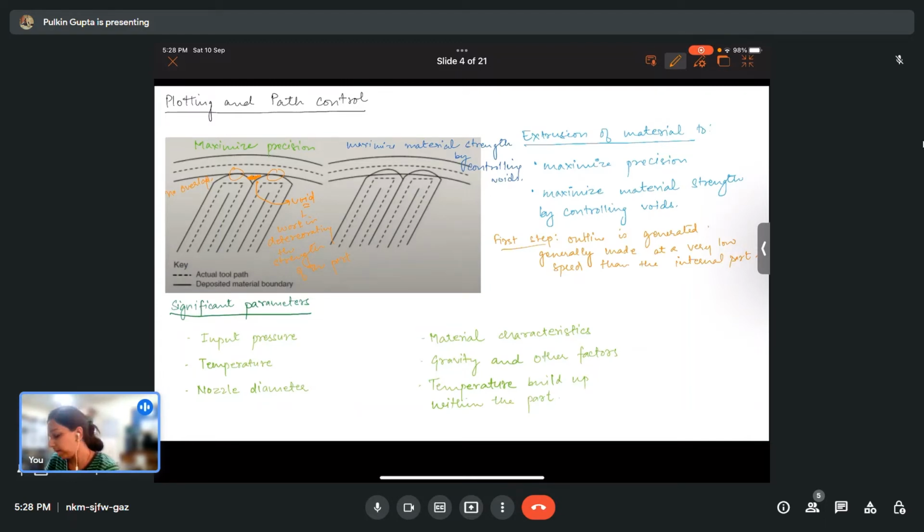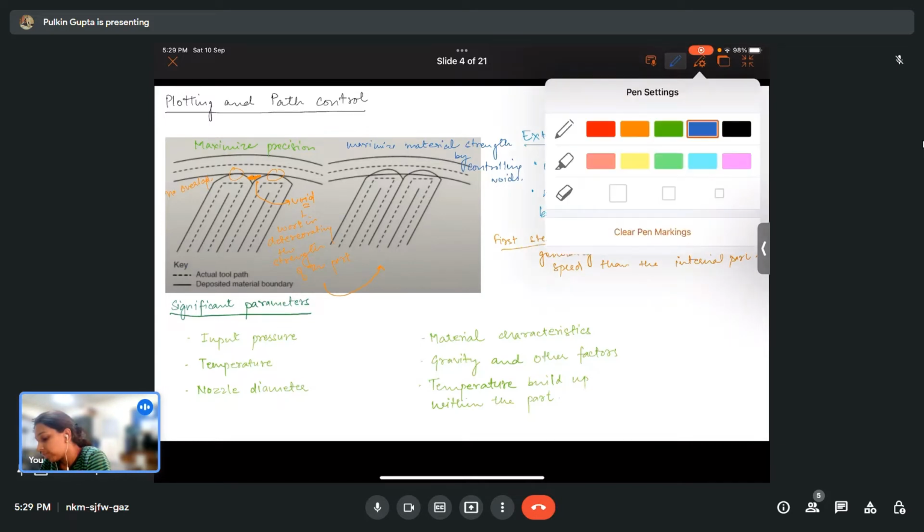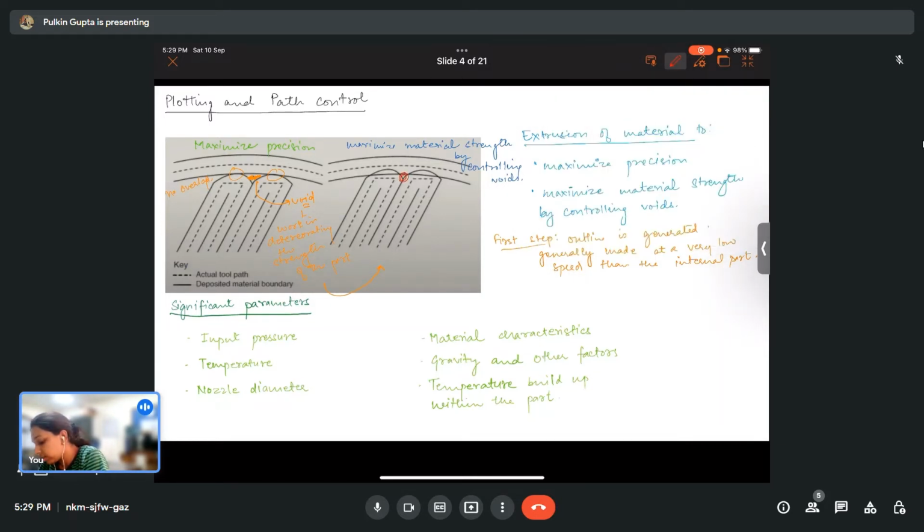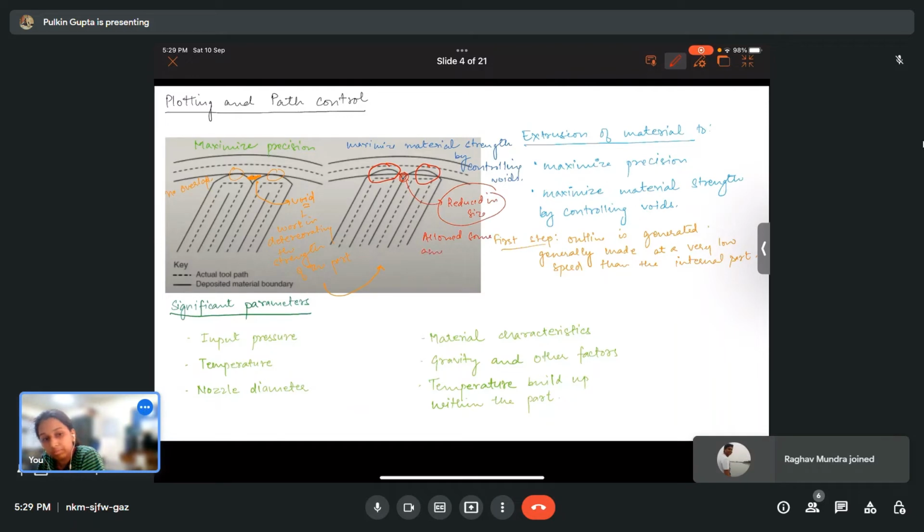Now this void needs to be controlled. So if you see, as we move to here, we see that this void is reduced in size. What they have done is they have inhibited a bit of overlap, allowed some amount of overlap.